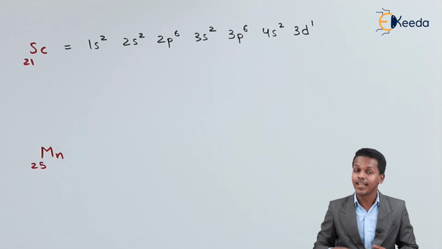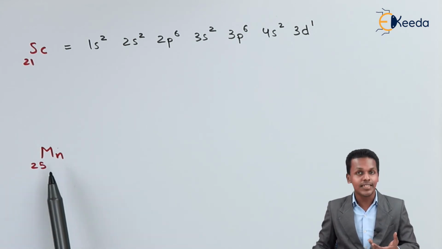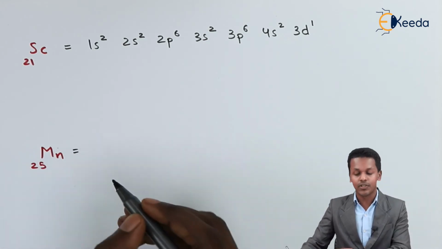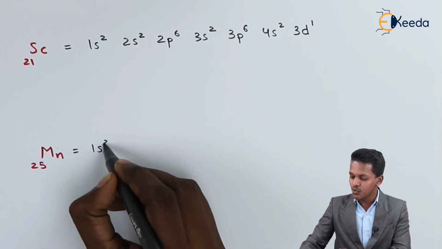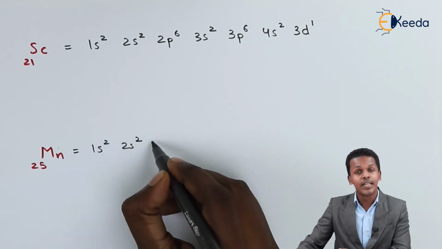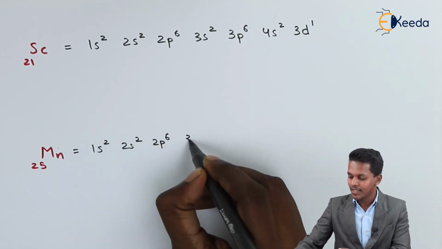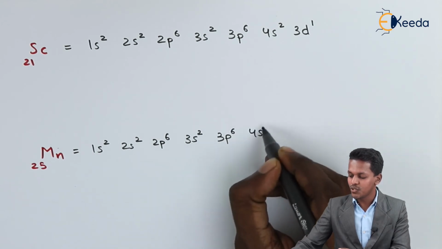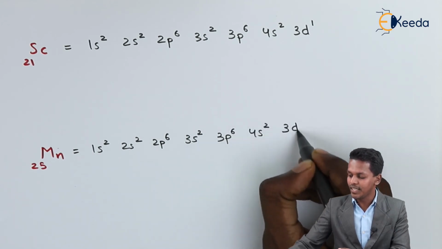Now let's talk about another one, manganese, with atomic number 25. How can we fill the electrons? We fill it as 1s2, 2s2, 2p6, 3s2, 3p6, 4s2, and 3d5.